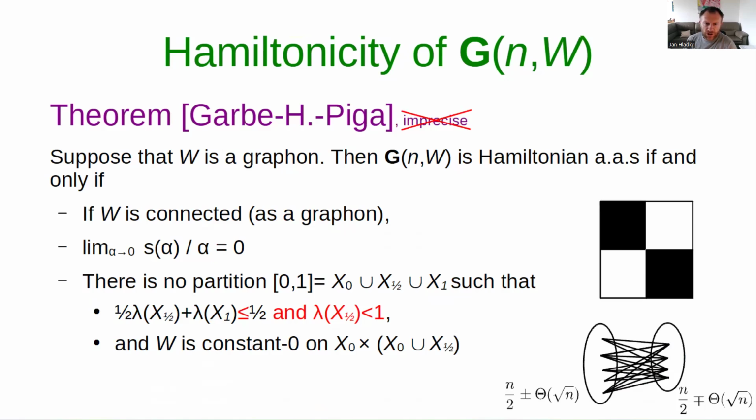The precise condition for the peninsula obstruction is that the measure of X_{1/2} plus the measure of X_1 must be less than or equal to 1/2, and the measure of X_{1/2} must be strictly less than 1. Okay, so let me just explain what this means.